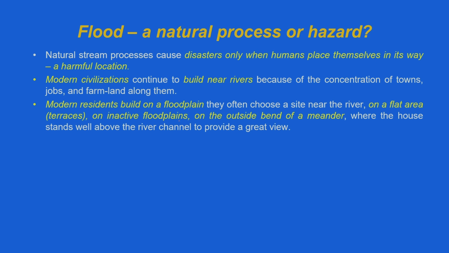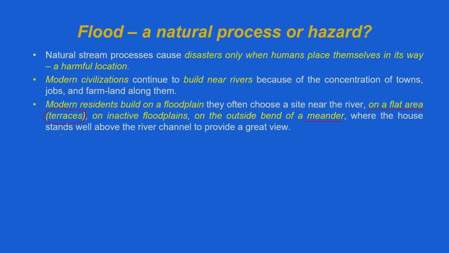If they are located at an elevation, they also try to build, like the modern residents on the outside bend of the meander. So, what is a meander? We will discuss that in the coming slide. What are terraces? But the main part is that we usually like to go for construction on the flat areas, okay.